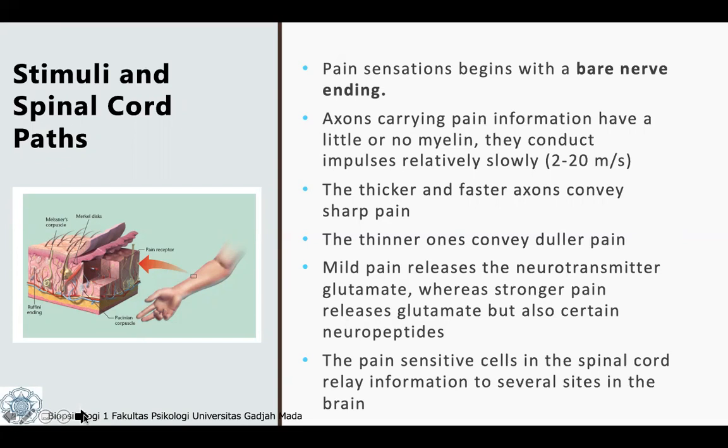The thicker and faster axons convey sharp pain, and the thinner ones convey duller pain, such as post-surgical pain. Mild pain releases the neurotransmitter glutamate, whereas stronger pain releases glutamate but also certain neuropeptides, including substance P and CGRP, or calcitonin gene-related peptide.